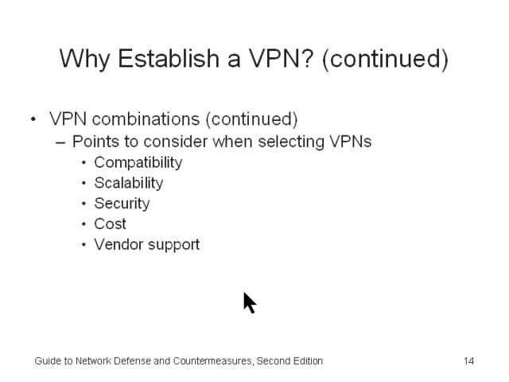Scalability: you may need to add more and more clients to the VPN, so you need to select a solution that's scalable so that the throughput isn't reduced when you add more clients. The security level: do you need a high level of encryption or not, or are you just concerned with the integrity of the packets?